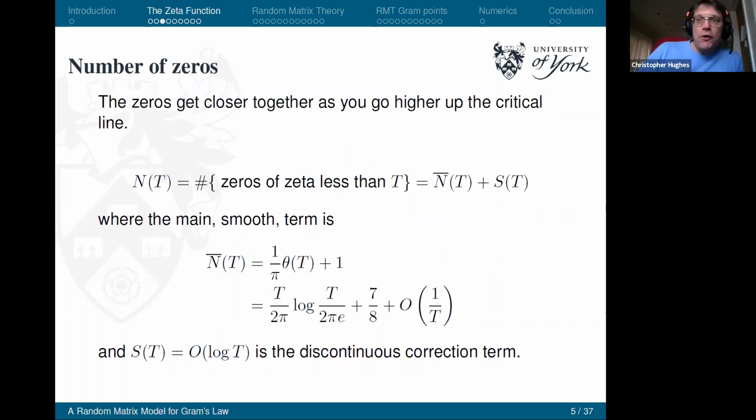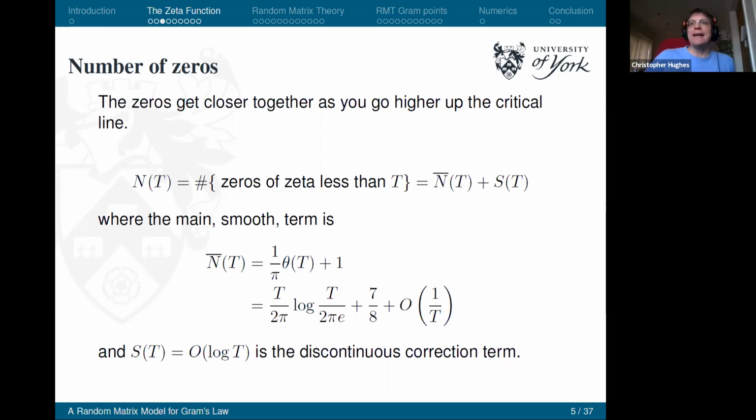Now, another thing that I'm sure is very well known amongst all of us is that as you go higher up the critical line, these zeros become more dense. They squish together. There's more of them. And you can see that when you look at the counting function for the zeros. So N of t is going to count the number of zeros up to height t on the critical line. And this was in Riemann's original 1859 paper, minus proofs.